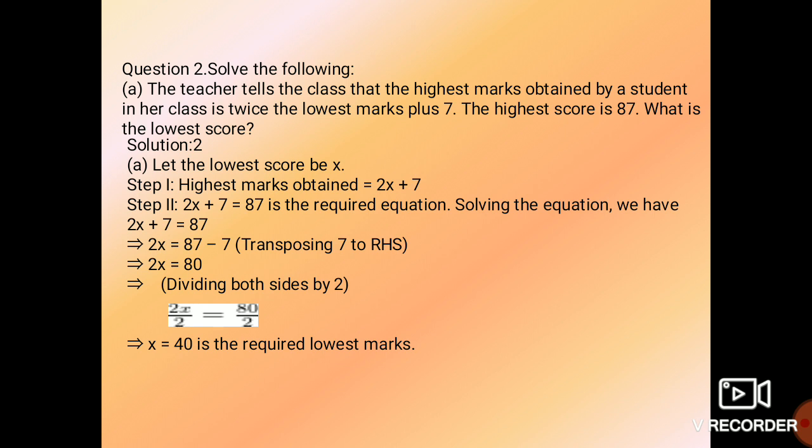What is the lowest score? Let the lowest score be x. Twice the lowest marks plus 7 will be 2x plus 7, and the highest marks is equal to 87. So 2x plus 7 is equal to 87 is the required equation.